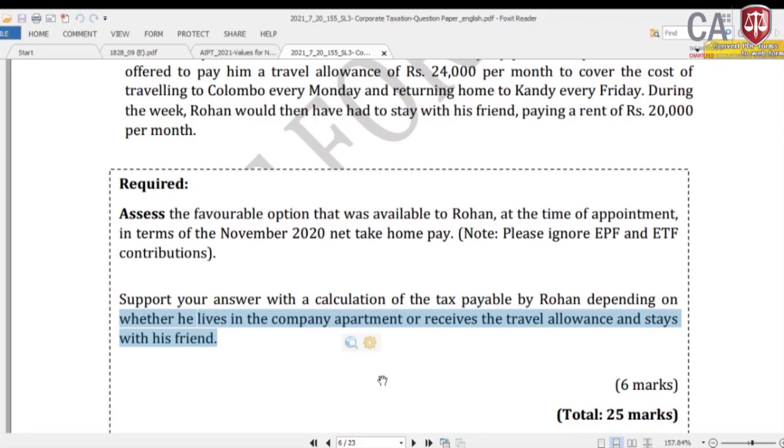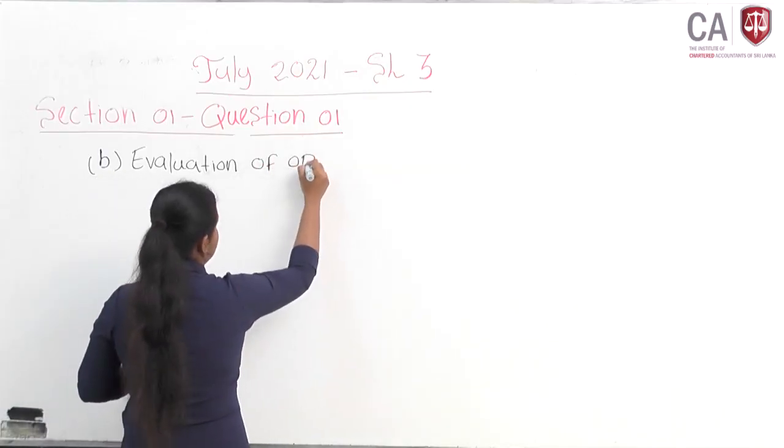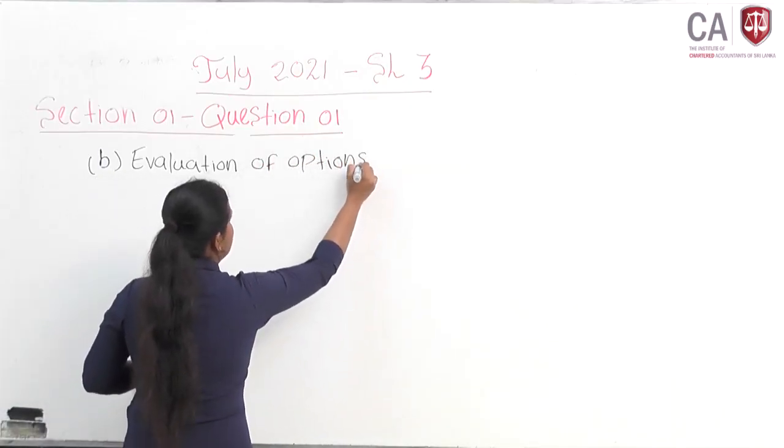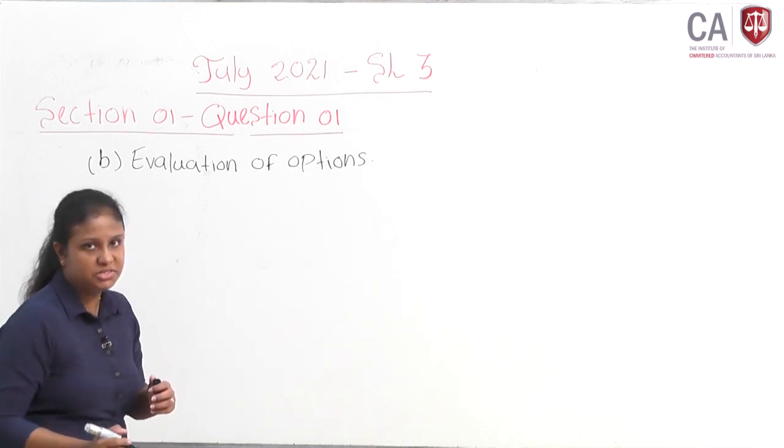Now you have to do this part B. This is the evaluation of options under business taxation and business decision making.